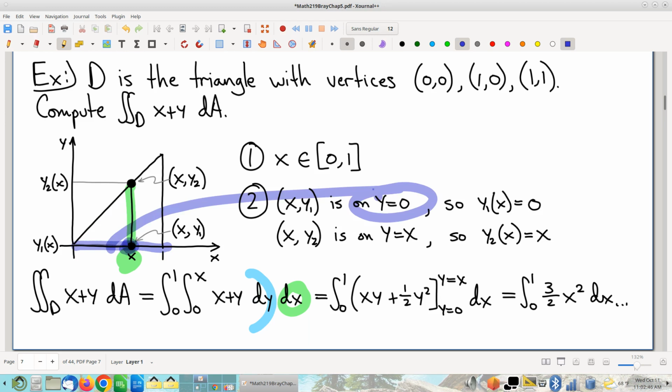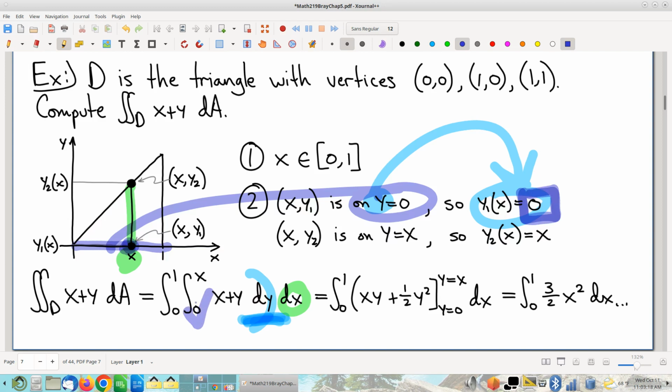I'm following my process: my bound is determined by a point, my point is on a curve that I identify from the picture, the curve has an equation, and now, last step in that process, I need to solve. Don't forget what we're solving for. I need to solve for y. So in this equation, I solve for y. Well, that was easy. It's already solved for. You get lucky sometimes, right? And having solved for y, this then is my lower bound for the y integral.